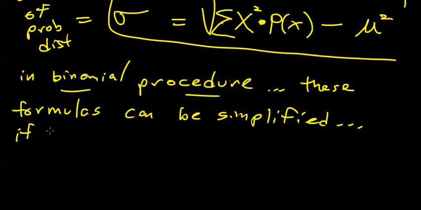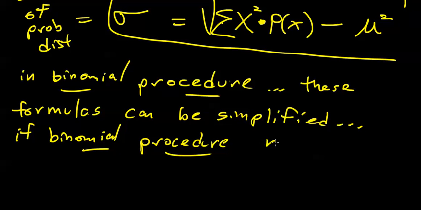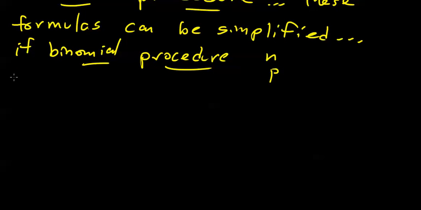If you know you are in a binomial procedure, in other words, you've got a fixed number of trials, you've got 2 outcomes per trial, right?